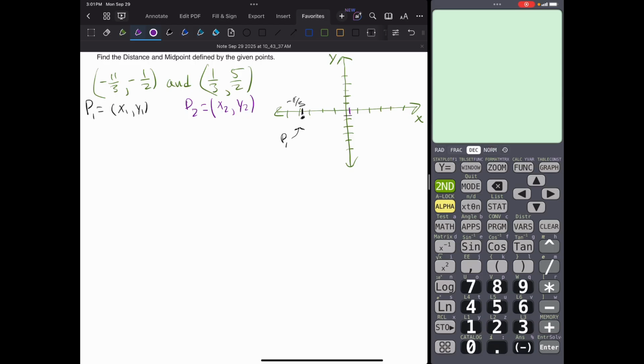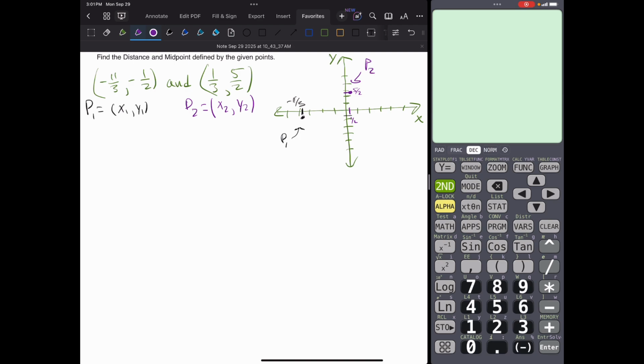Well, 4/2 would be 2, and that leaves me with a remainder of 1/2, and so that's going to be 2.5. So that's going to be up here at 5/2. So that's 1/2. That's 5/2. And so my point is over here somewhere. And we kind of have hello world, that's point 2.